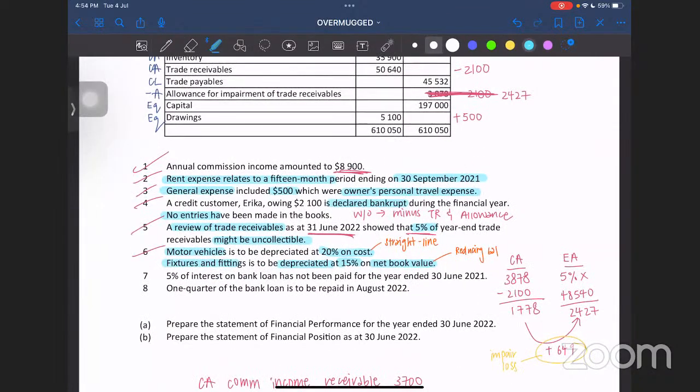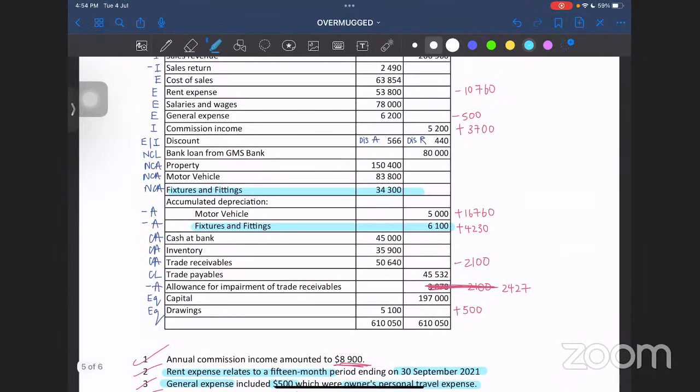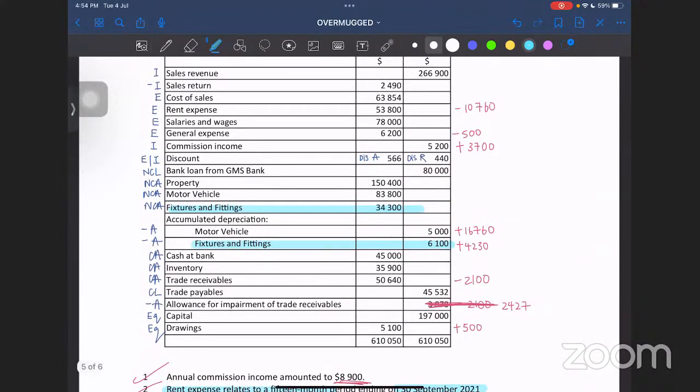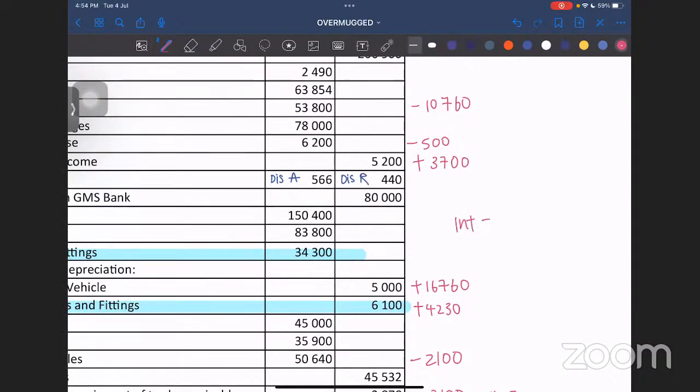Following, 5% interest on the loan has not been paid for the year ended. So this year we haven't paid our interest. So let's calculate how much our interest is. To find interest, I will take the interest rate multiplied by the principal amount. Principal amount is basically the original loan amount.